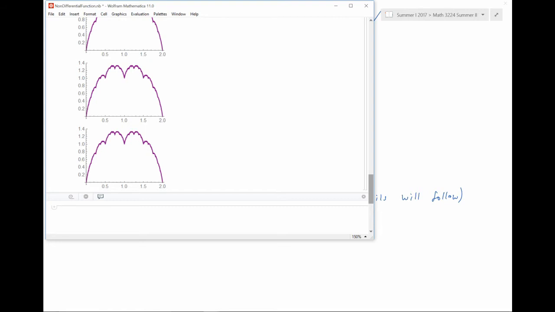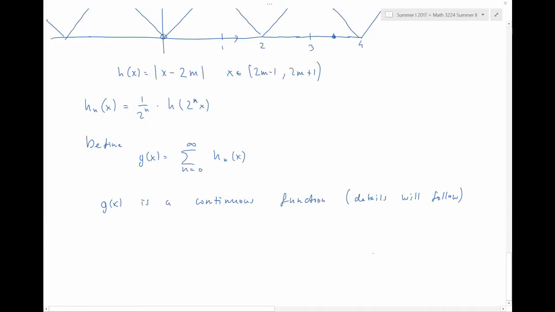So now the difficult part here is to show that this function is actually not differentiable. We assume the function is continuous, so let's concentrate on this function being non-differentiable. Before we prove it, I want to show, just so that you're sure that the function is well defined, that this sum actually converges for all x.